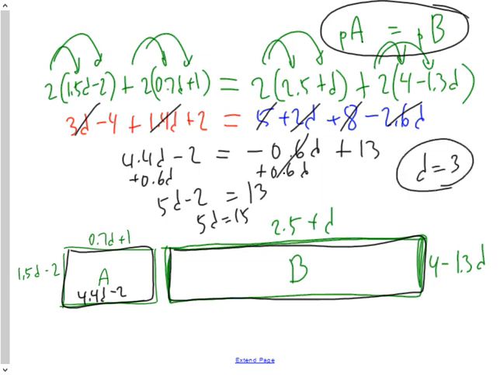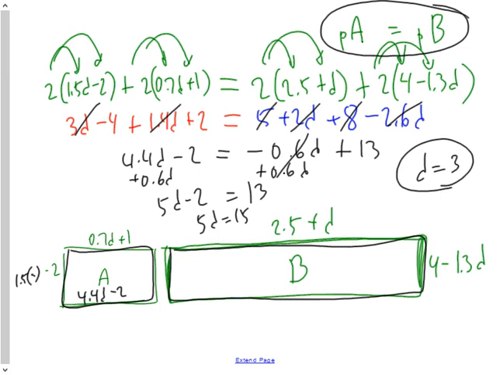Now, we're not done yet, because that's not what the question said. It says, what are the dimensions of each rectangle? Well, now we know what d is. d is 3. So I'm going to start with rectangle A here, and it says 1.5d. So instead of 1.5d, I'm going to put 1.5 times 3 because that's what d is.